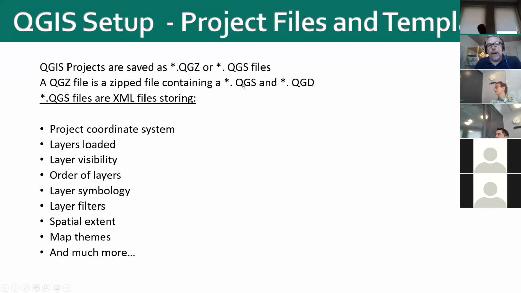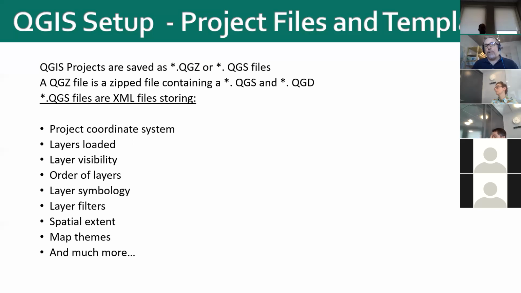The .qgs file that's inside here is basically XML, and it saves everything about your project: what layers you have loaded, where you're zoomed into, which layers are turned on, which are turned off, how you have them symbolized, any filters that you can set for layers, things like that.